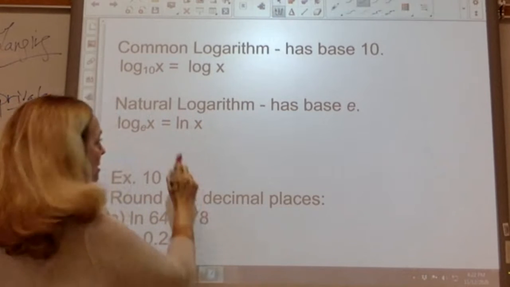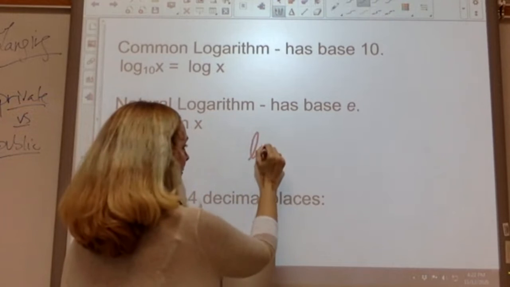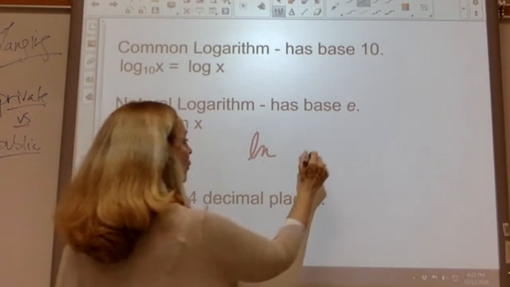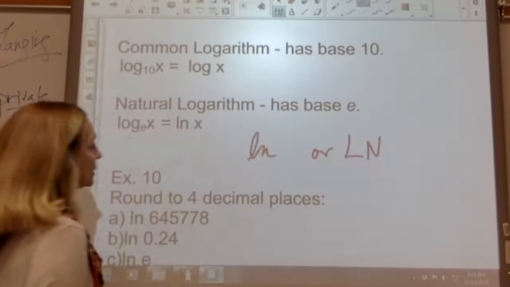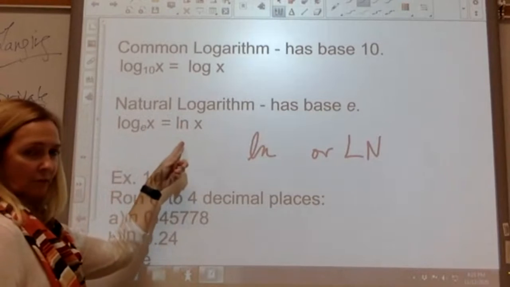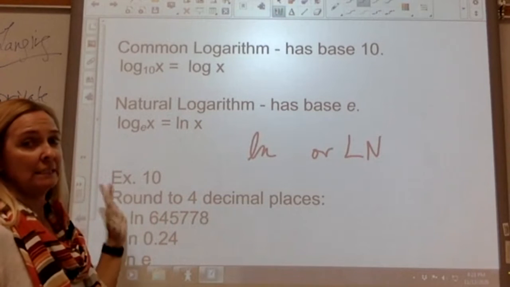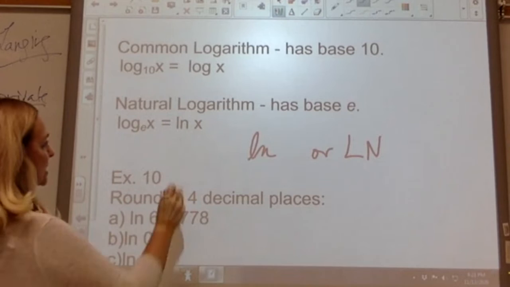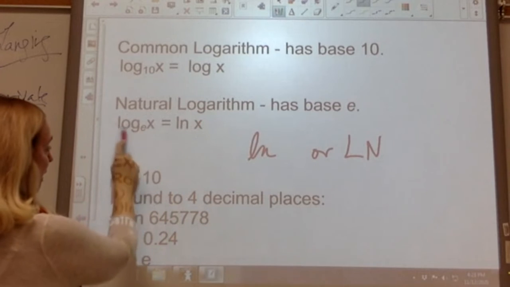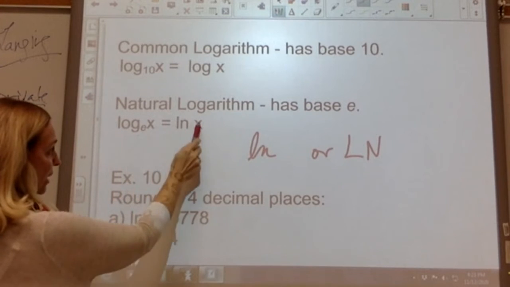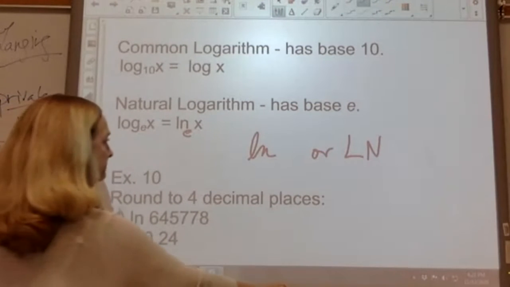Now, I'm just going to tell you, this looks like "in", so you should write it as a cursive ln, or you can print it with capitals, but you should never print it like this, okay? I can't tell you how many times I have kids tell me this is "in", but it's not. This is the natural log, they just write it this way. And so if it was log base e of x, we would say natural log of x, because there would be an e that would be understood to be there, okay?